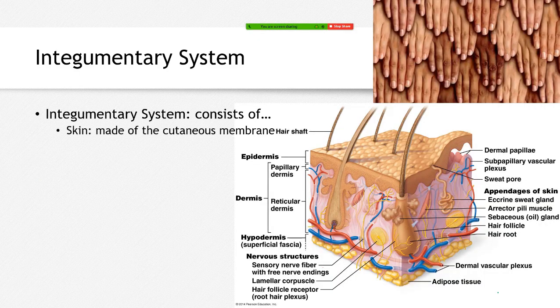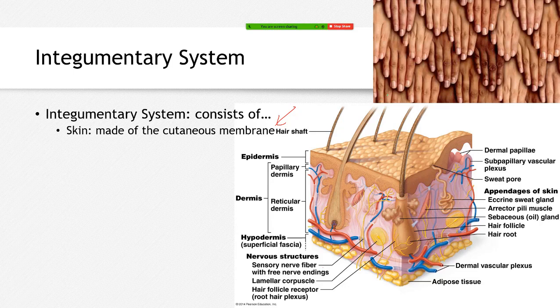Okay, so like I said, it's going to be made out of the skin. And we said earlier on the skin has a cutaneous membrane. Let's see if you remember. What kind of tissues does the cutaneous membrane contain? Well, what's the very outer part of the skin made out of?